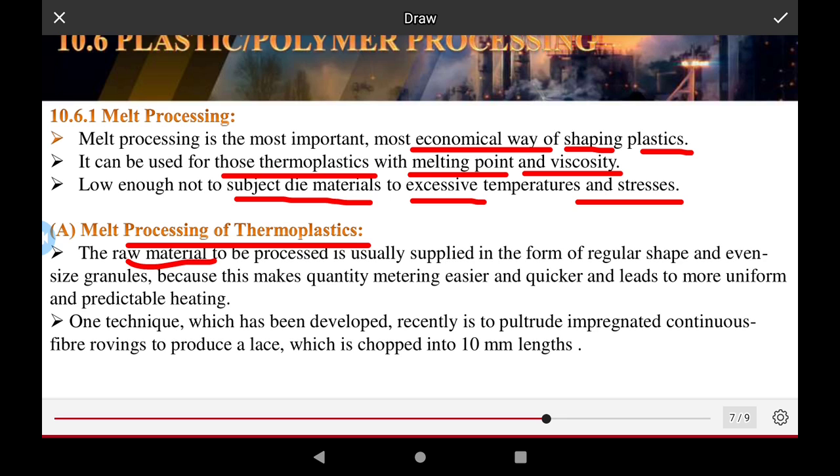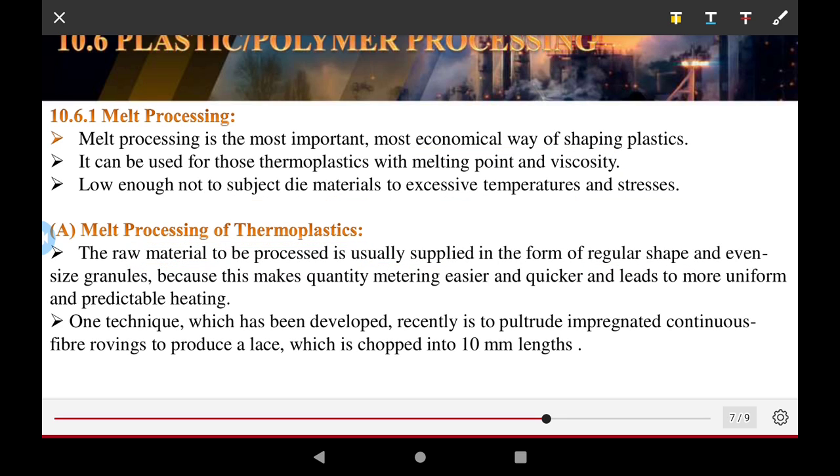For melt processing of thermoplastics, the raw material to be processed is usually supplied in the form of granules of regular shape and even size, because this makes melting easier, quicker, and leads to more uniform and predictable heating of the material.